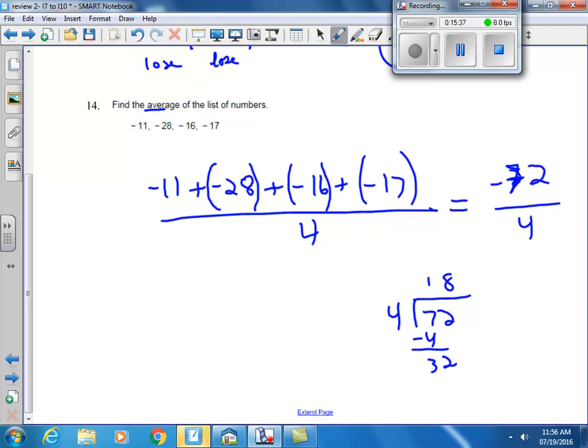We know it's 18, but it's a negative divided by a positive, so we know the final answer is going to be negative 18. Okay, so again, because all of these numbers were negative, they're all losses, so we can just add their absolute values and arrive at 72. Know that it's negative 72 divided by 4, and voila.